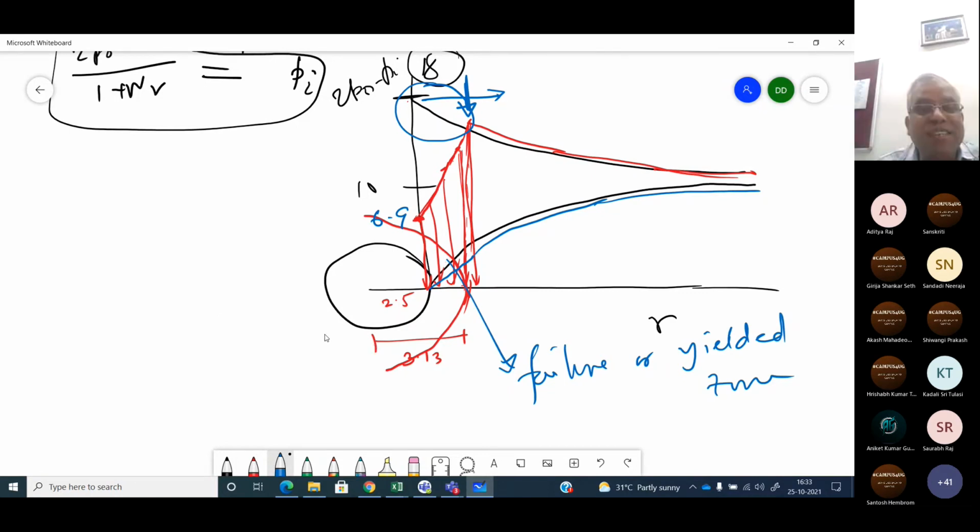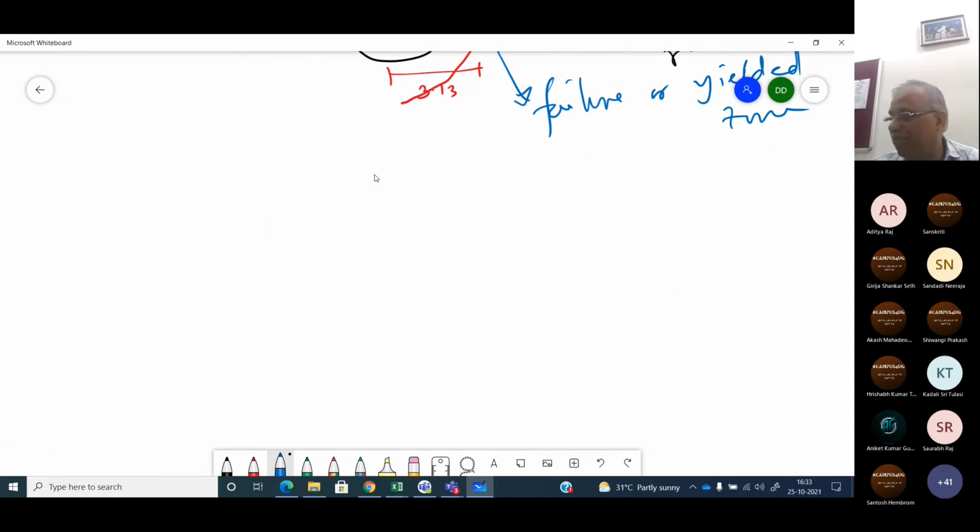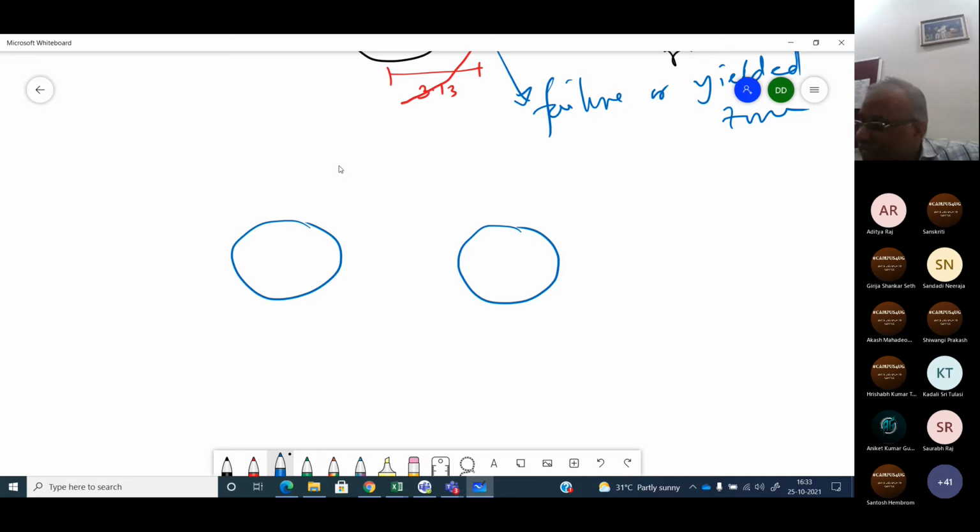Now, if you see the same thing for two tunnels, the elastic analysis will tell me there will be a peak like this, and there is also a peak like this.